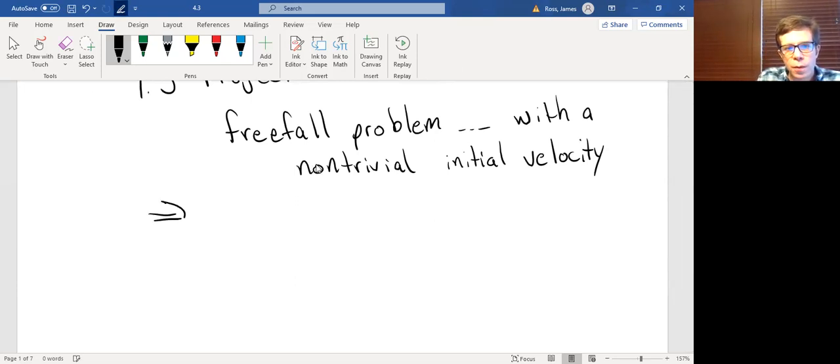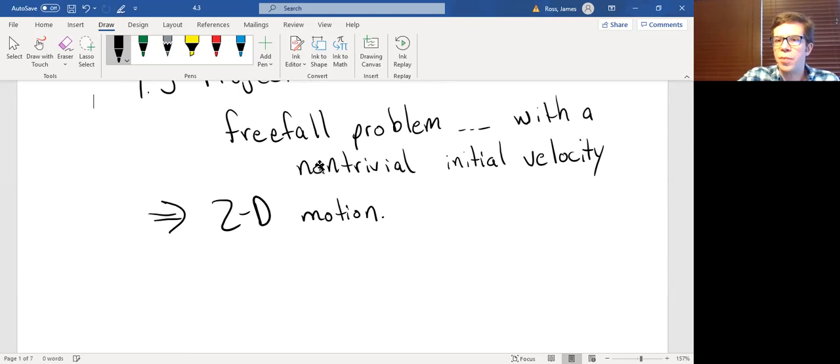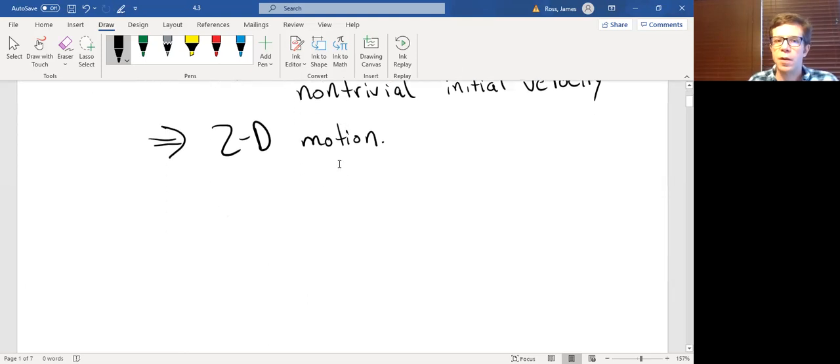So what happens in the free fall problems that we've done already, either something is thrown straight up or straight down. We know that acceleration is always down in a free fall problem.